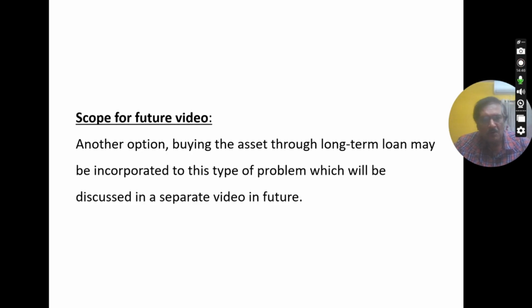In that case the problem will be whether you should buy the asset with your own fund, or borrow a long-term loan and buy the asset partly from the loan and partly from your own component, and the leasing, which is the best. That I have not shown here. The video will be unnecessarily lengthy. That's why I will show it in a different video.